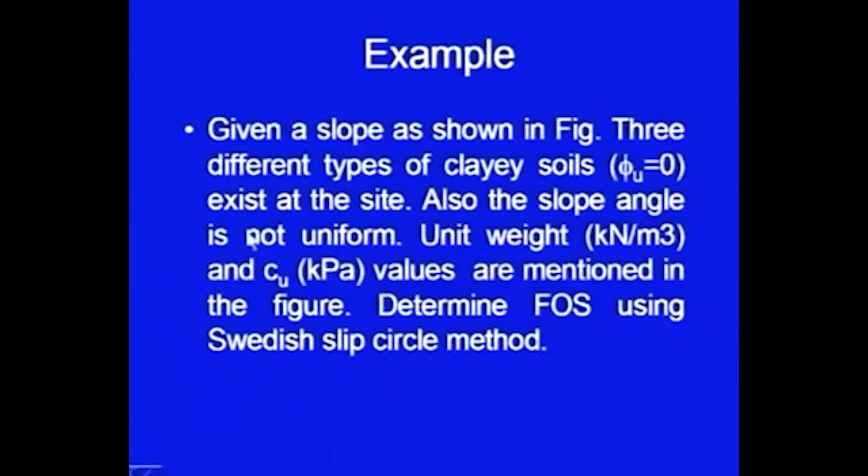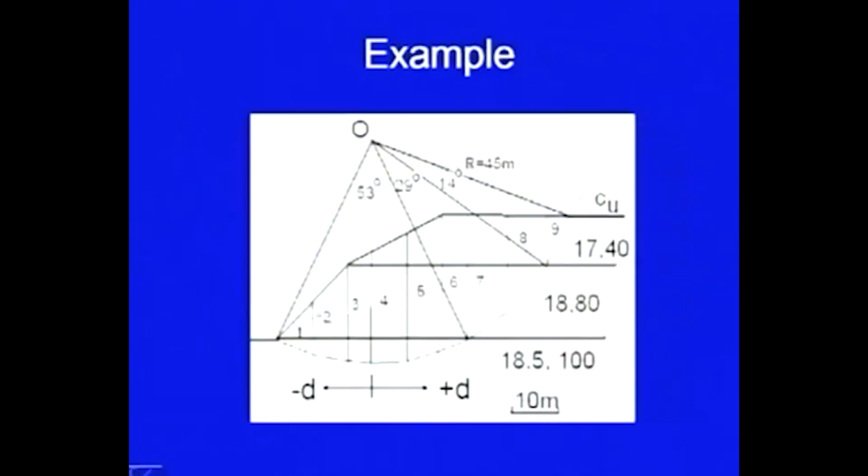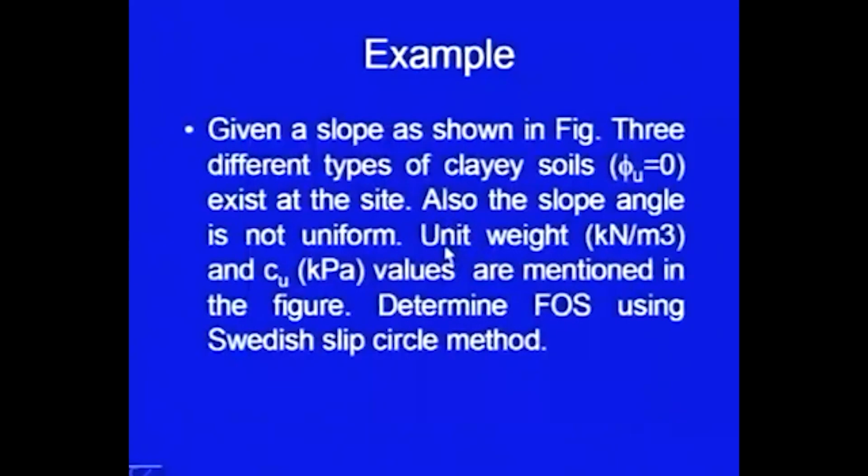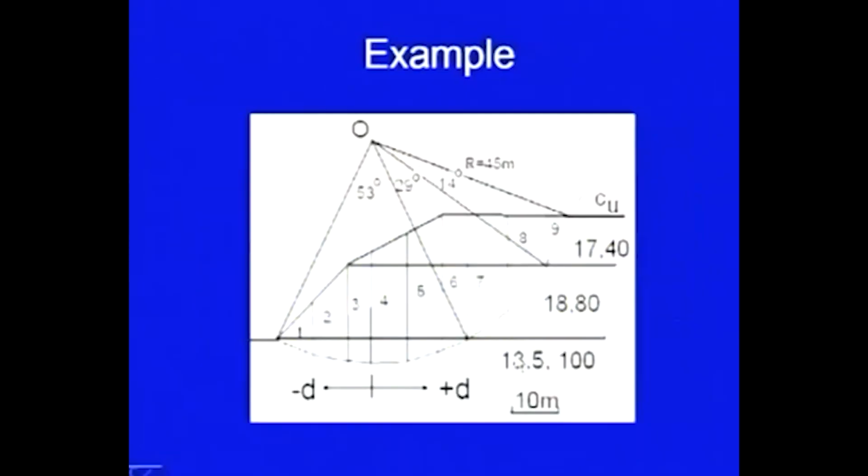Also, the slope angle is not uniform here. So, you can see here the beta is something else and here it is something else. Unit weight and Cu values are mentioned in the figure. Determine factor of safety using Swedish slip circle method.